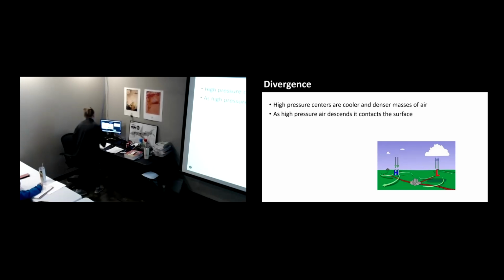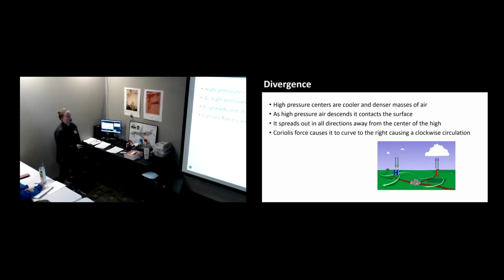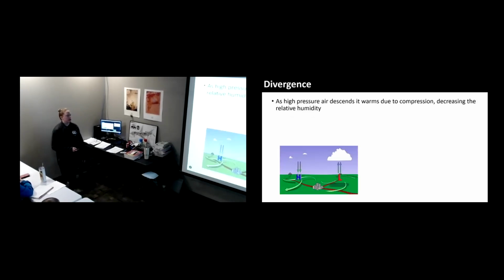Really? We got through like 50 slides with no problem. It spreads out. It spreads out in all directions from the center of the highs, and obviously scoops in if it's a low pressure system. Coriolis force causes it to curve a little bit to the right in a clockwise circulation. It's going to be the opposite for the low pressure.